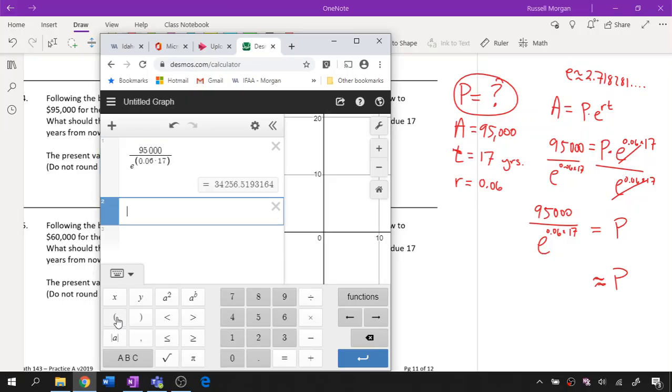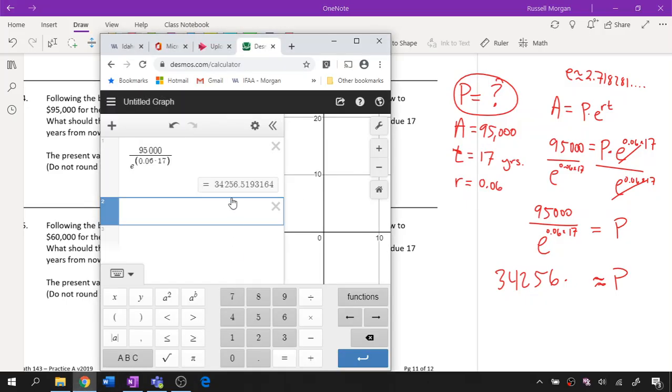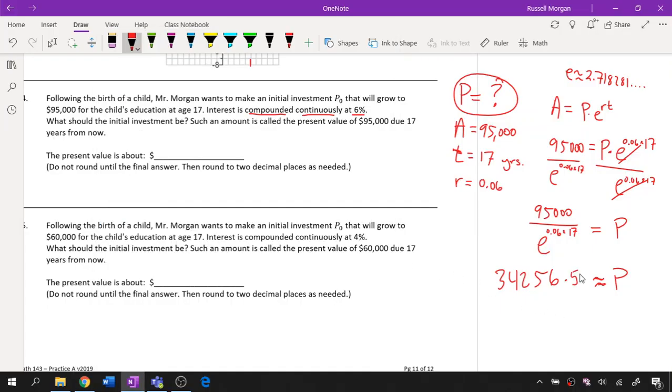It looks like this is my initial investment. I need to invest, let's see, 34,256. Round to 2 decimal places, so let me grab those last 2 decimal places. It's going to be 0.51, but then a 9 is going to bump that up to 0.52. So that's how we round.